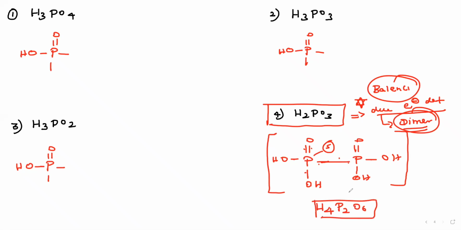This always exists as a dimer. Next point: among the oxyacids of phosphorus, only H2PO3 in dimeric form contains the P-P bond.